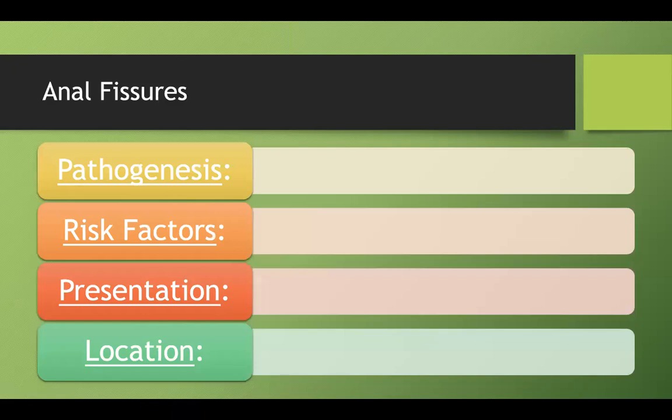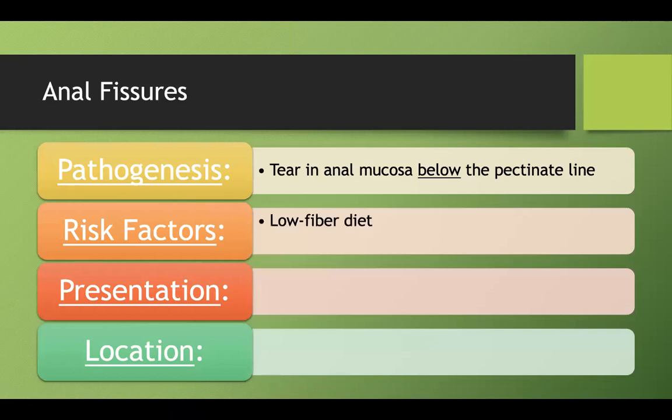Now let's briefly discuss anal fissures. Anal fissures are caused by tears in the anal mucosa below the pectinate line. This could be caused by a low fiber diet or constipation, so it's that repeated straining that can cause some damage in this region. Since we're below the pectinate line, we know that it's going to involve some sort of somatic innervation.